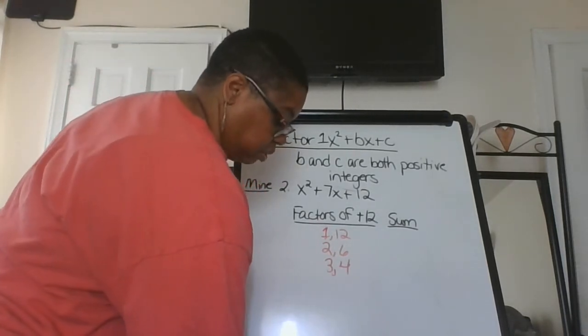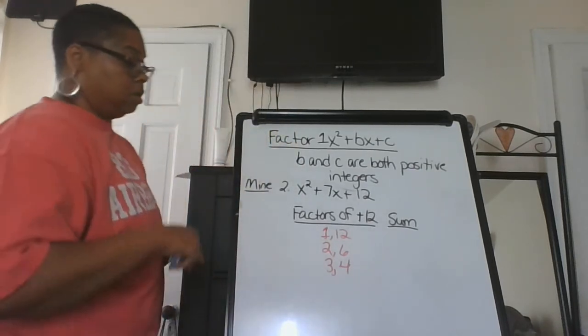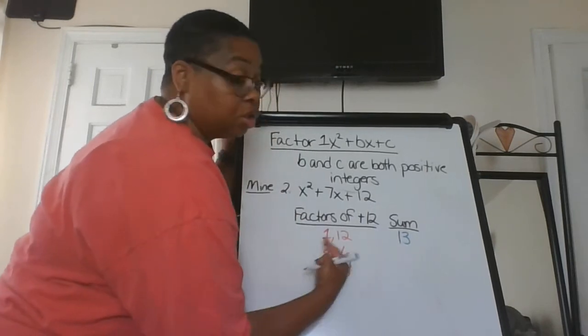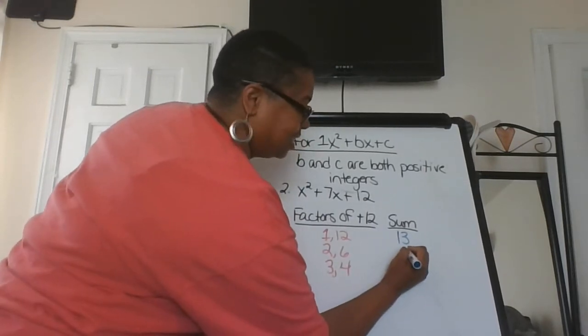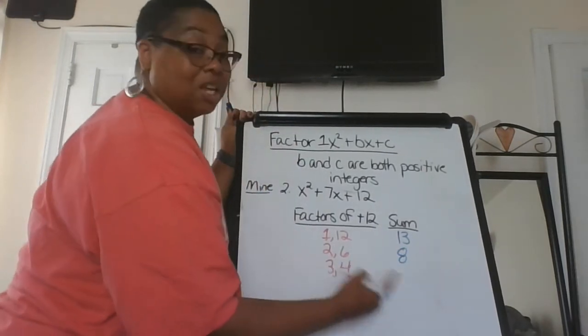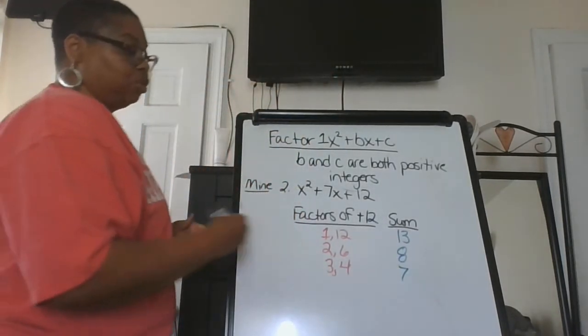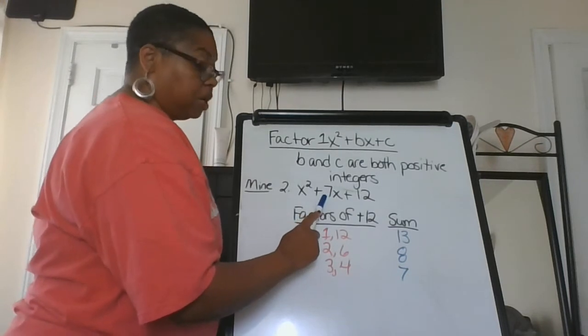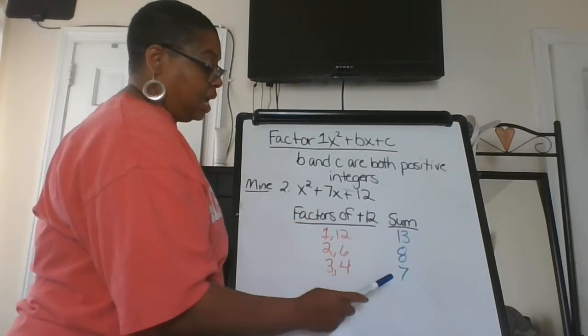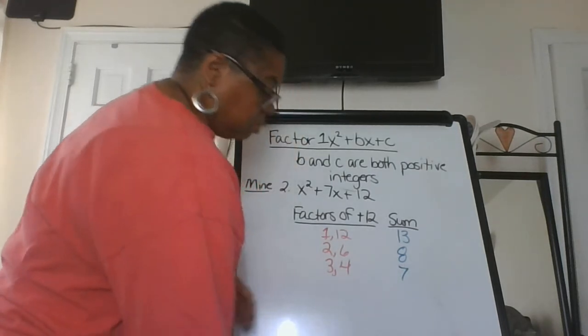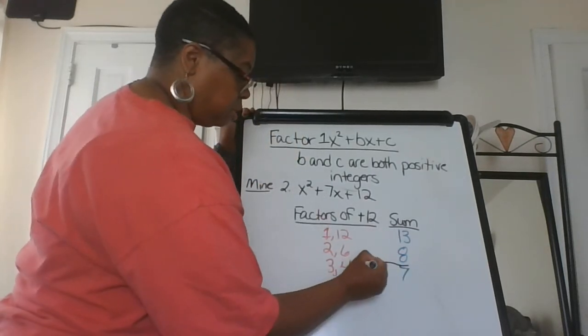Then we're going to get our sum of our numbers. 1 plus 12 is 13. 2 plus 6 is 8. 3 plus 4 is 7. Okay, we're looking for our middle term for our sum, which is plus 7. And here we go right here. There's a 7. So 3 and 4 are going to be part of our final answer.